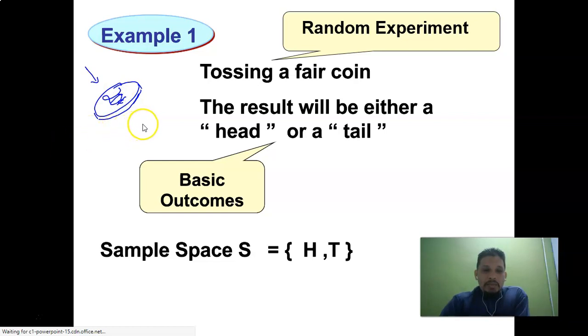On the other side of this coin there are pictures of, for example, our historical building. So there are 2 faces: one shows the value of the money, and the other side is a picture that brings up the image of our country. Tossing a fair coin, the result will be either head or tail. Just imagine this side is the head, and the other side we consider as the tail. So the basic outcomes are head or tail, then the sample space is H or T.